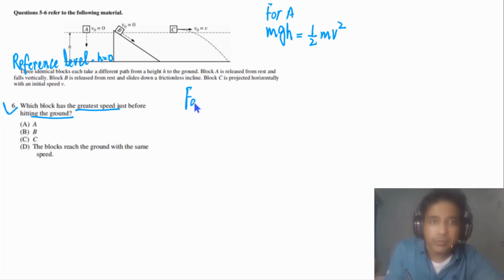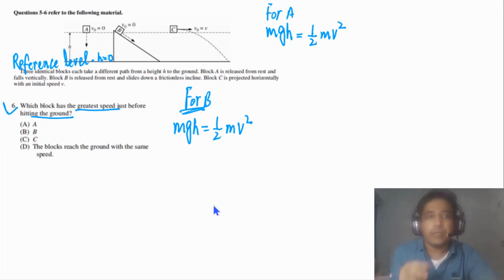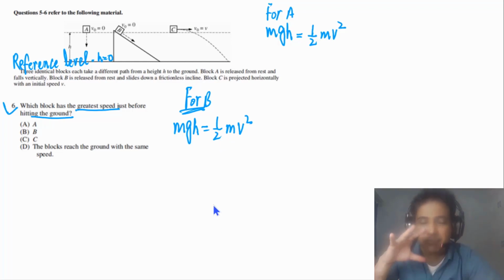For block B, the loss in GPE of block B is equal to mgh, because the vertical height is the same, and the gain in kinetic energy will also be equal to 1/2 mv square. So block A and block B will have the same speed.